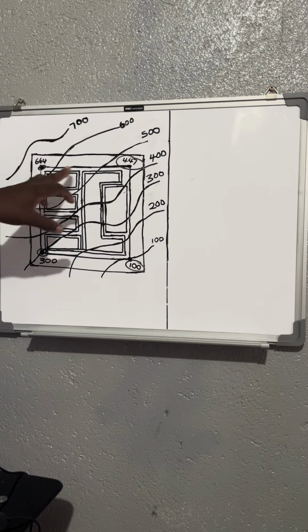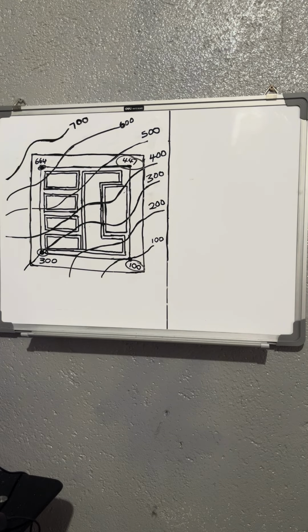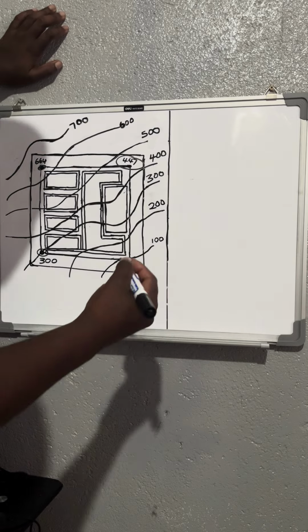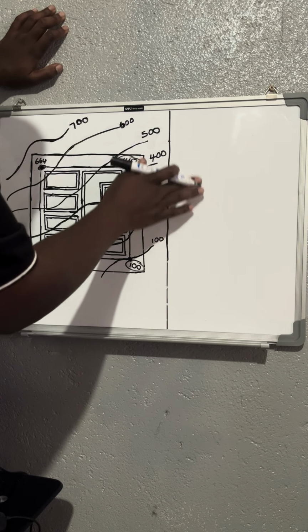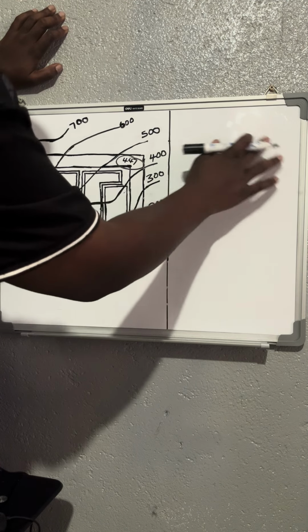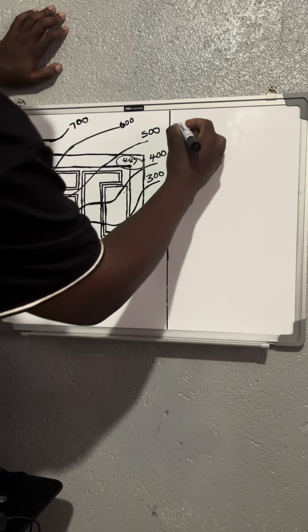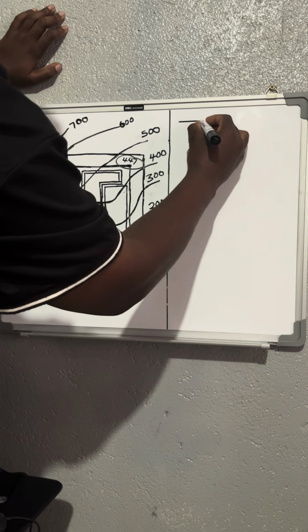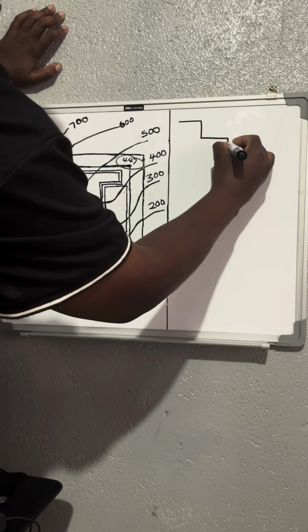The difference tells you how high the foundation needs to be between the two corners. So let me just draw it and explain it so that you can understand before we jump into the calculations.